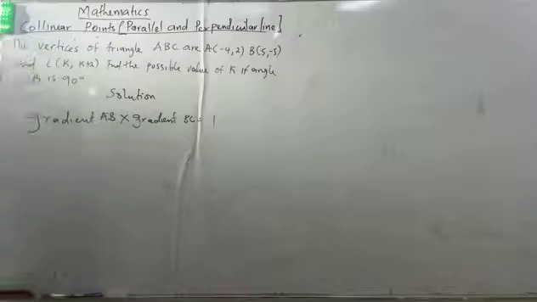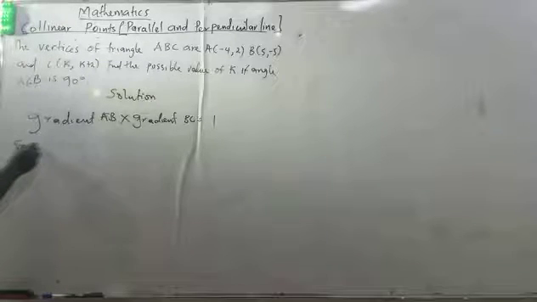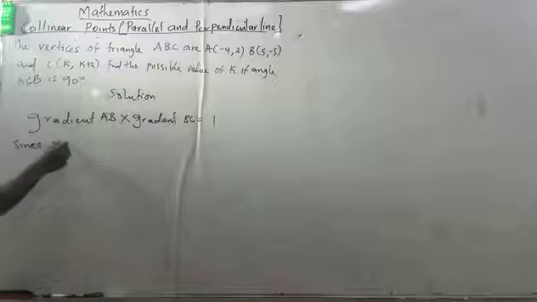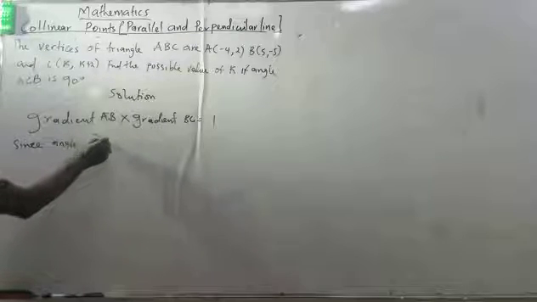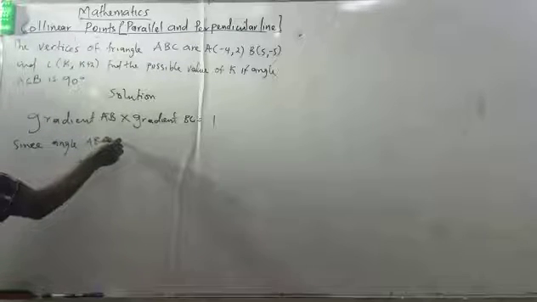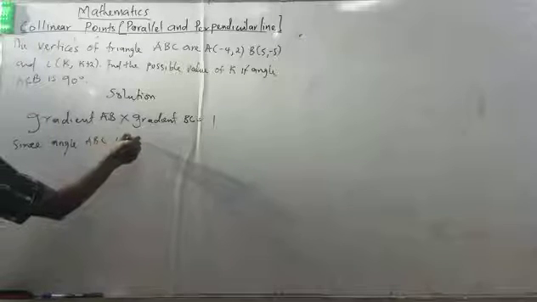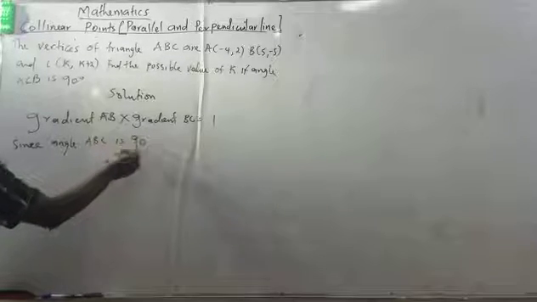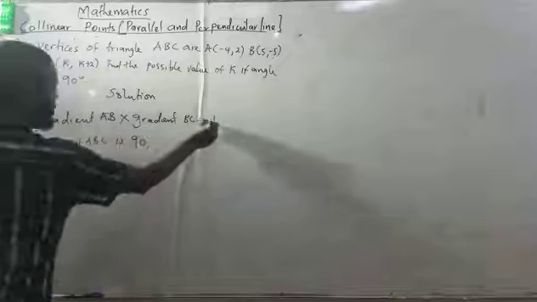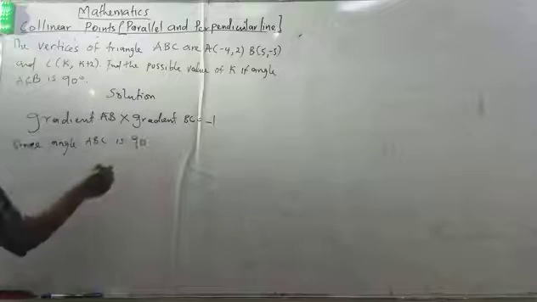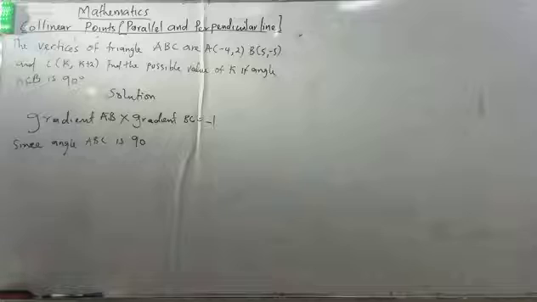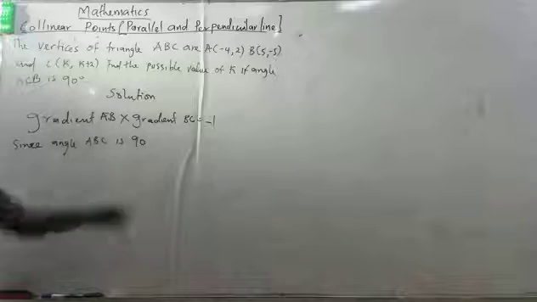Now, why is it minus 1? Don't forget that since angle ABC is 90 degrees, it means the product equals to minus 1.